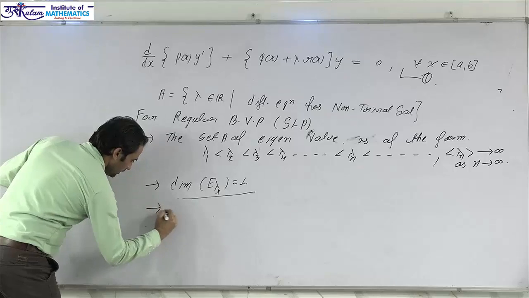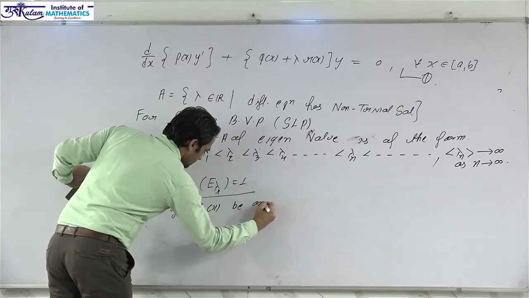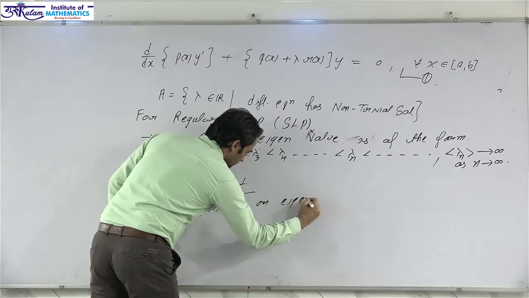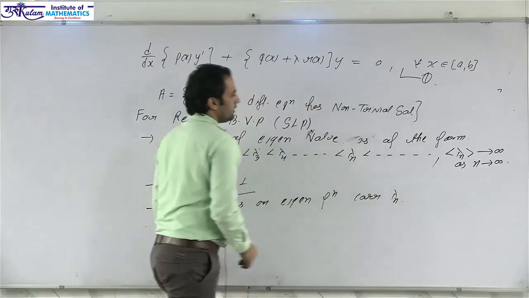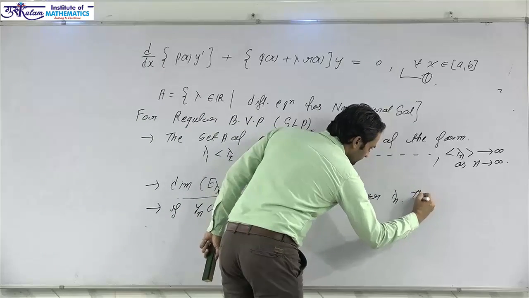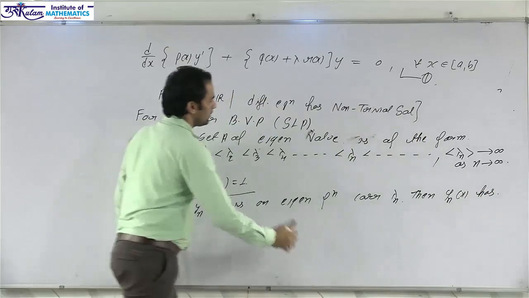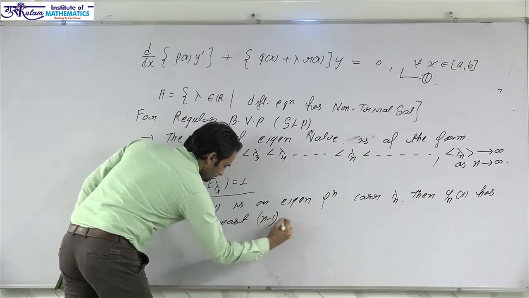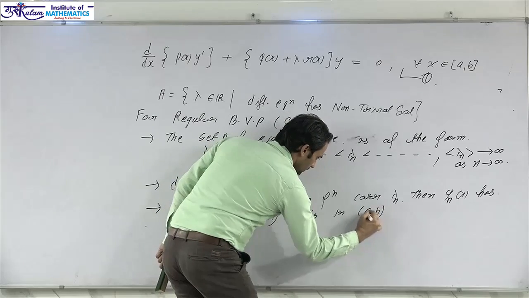The second main property is: if yn(x) is an eigenvector or eigenfunction corresponding to lambda n, where lambda n is the eigenvalue placed at the nth position, then yn(x) has at most n minus 1 zeros in the open interval AB.